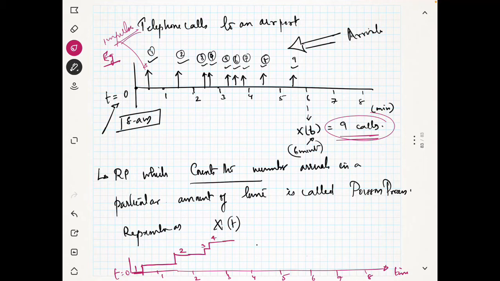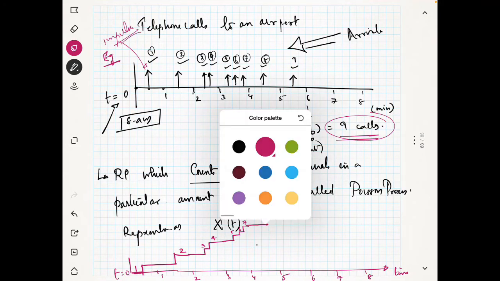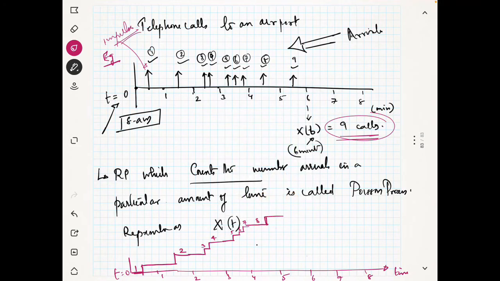Between 3 and 4 you have 3 arrivals, so it becomes 7. Between 4 and 5 you have one more arrival, so it becomes 8. After that, between 5 and 6 you have one more arrival and it becomes 9.